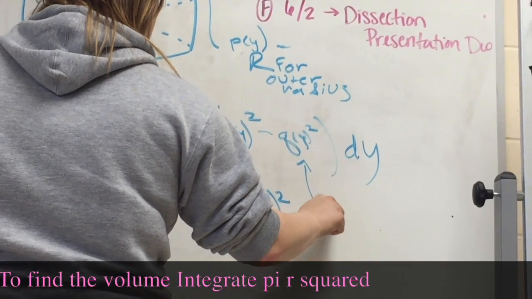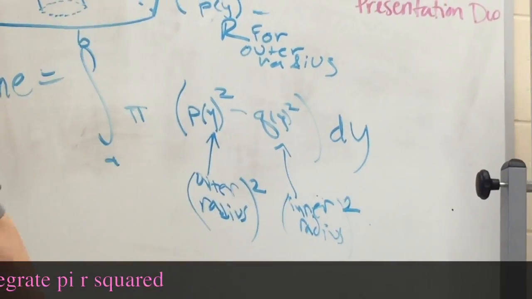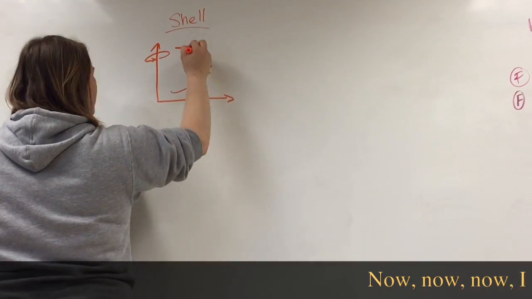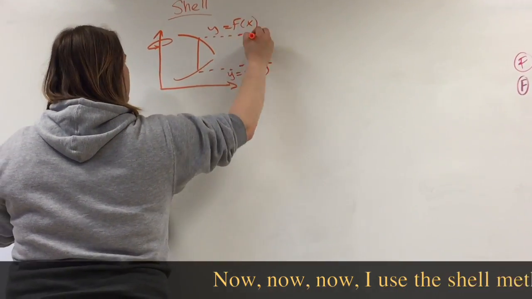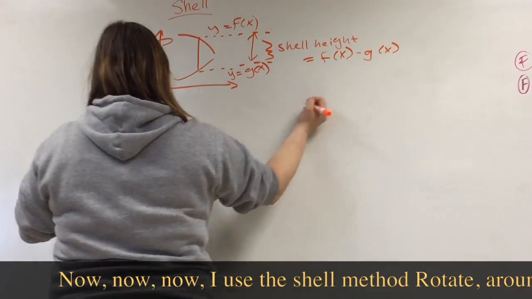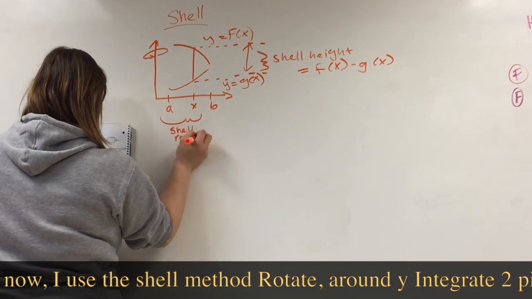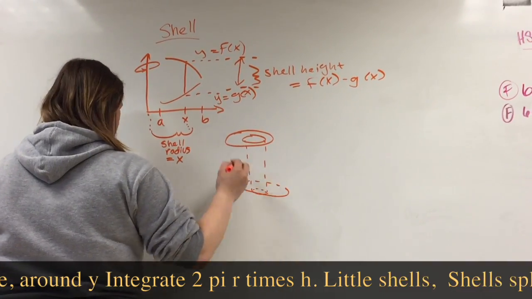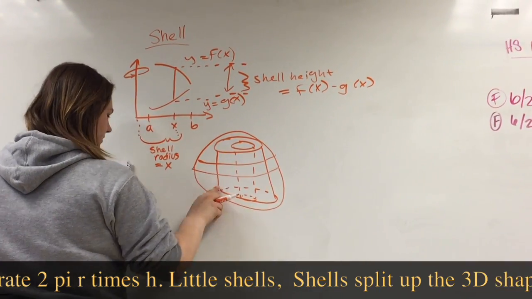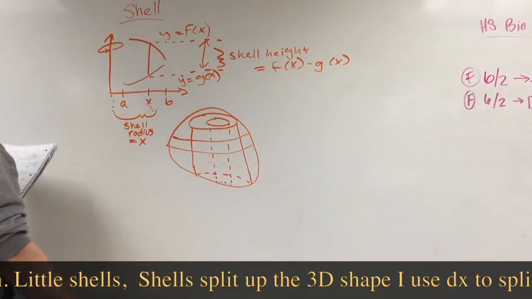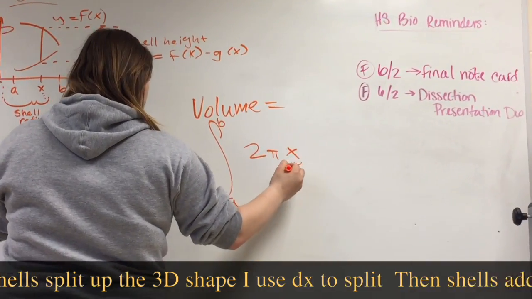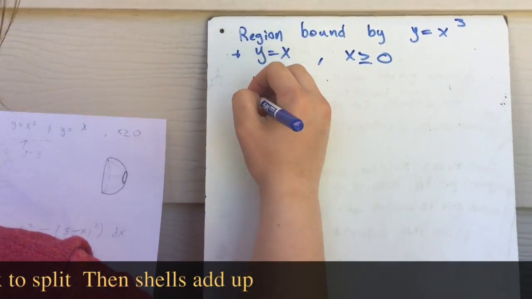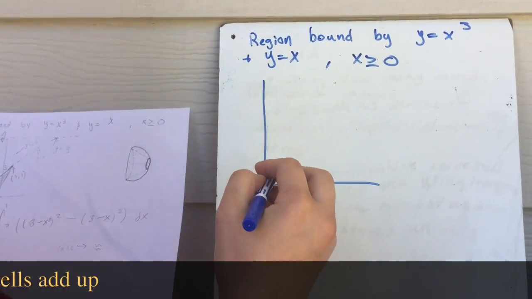Find the volume, integrate pi r squared. Now, I use the shell method. Rotate around y, integrate 2 pi r times h. Little shells make up the 3D shape. I use the x to split, then the shells add up.